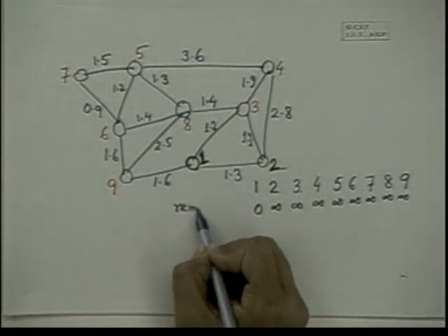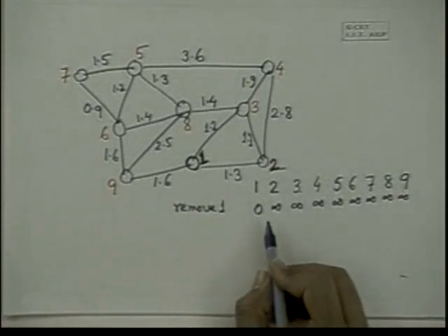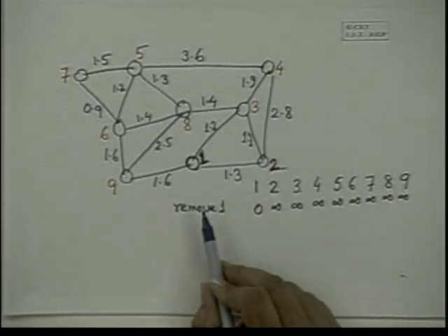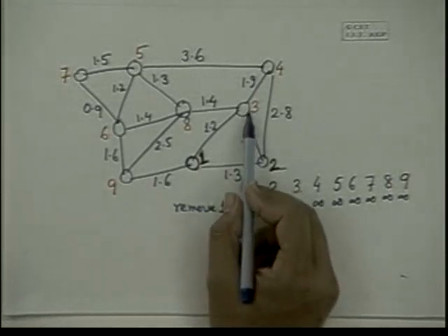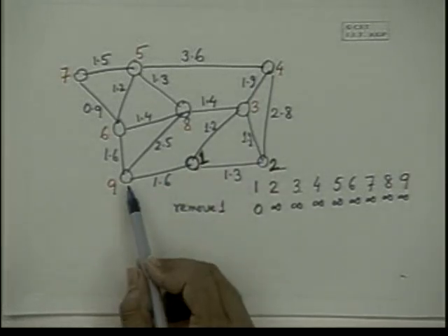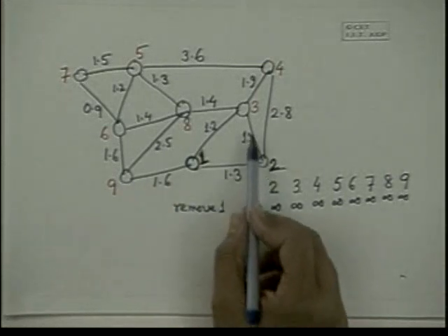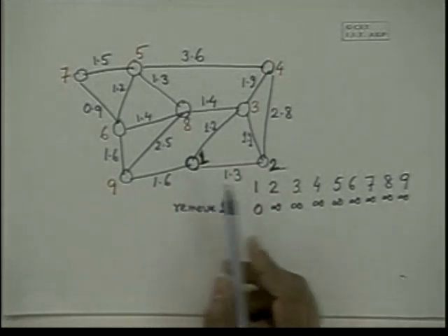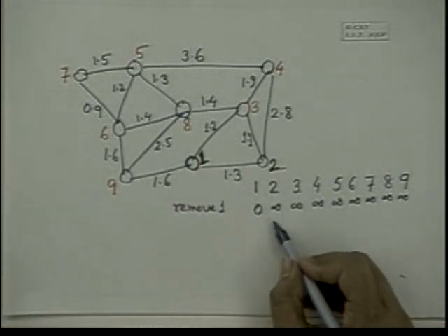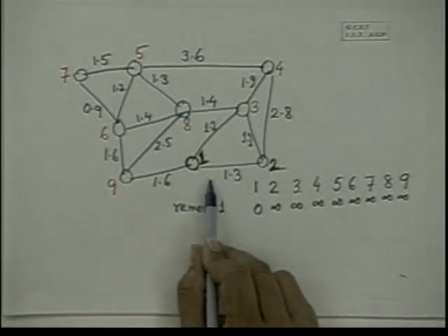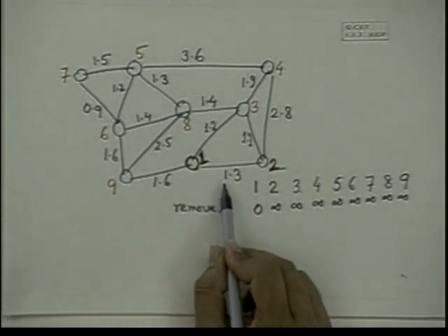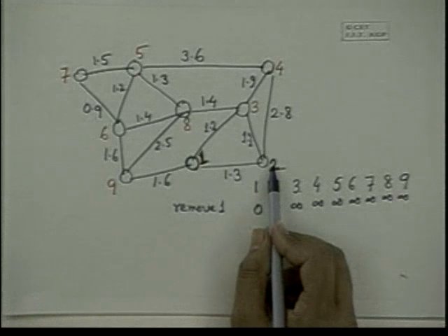So 1 will be extracted. When you extract 1, who are the ones which will be updated? 2, 3 and 9. In the while loop, you will see, because these are the neighbors of 1. 2 has priority infinity now, but now you will check i and j whose edge weight is 1.3, and 1.3 is less than infinity.